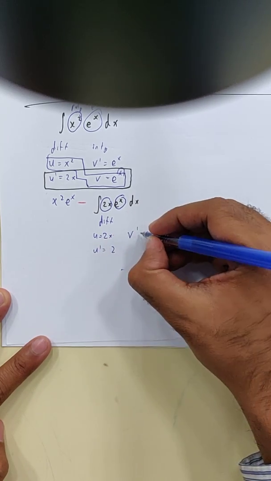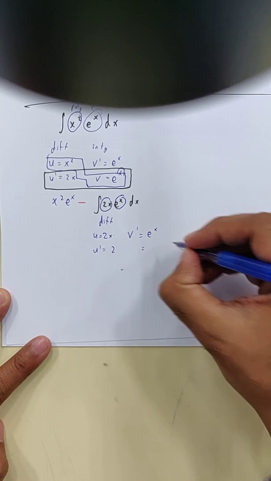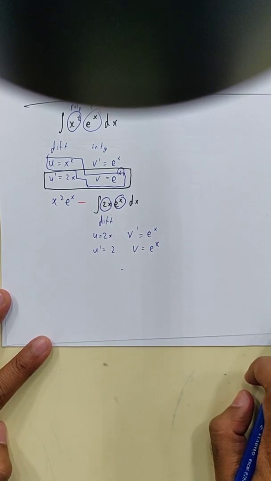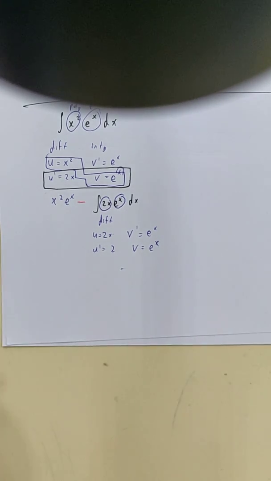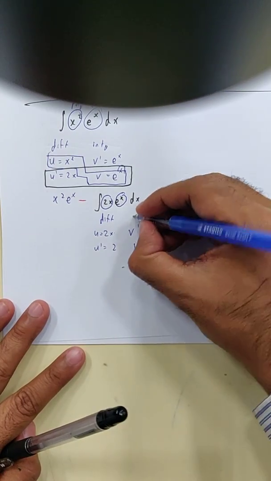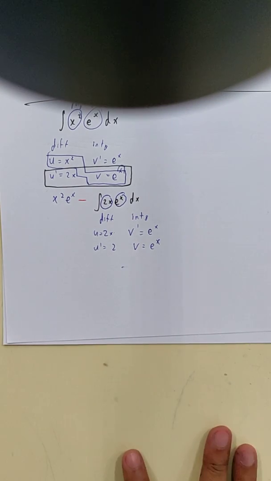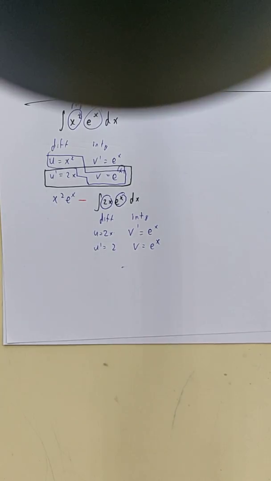We are integrating the exponent. You want to try it first? I give you 1 minute. For those who realize this is what we call double by parts, congratulations. Be careful of your negative.